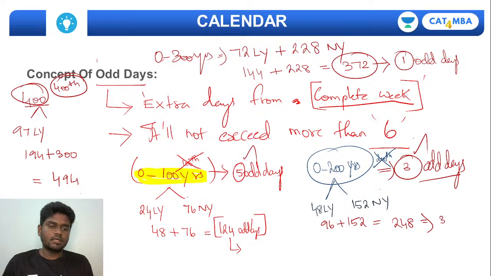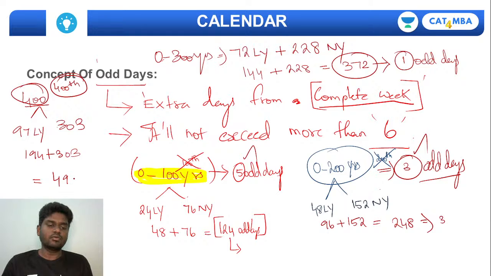So here you'll be getting not 300, it's going to be 303. So ultimately you'll be getting 497.